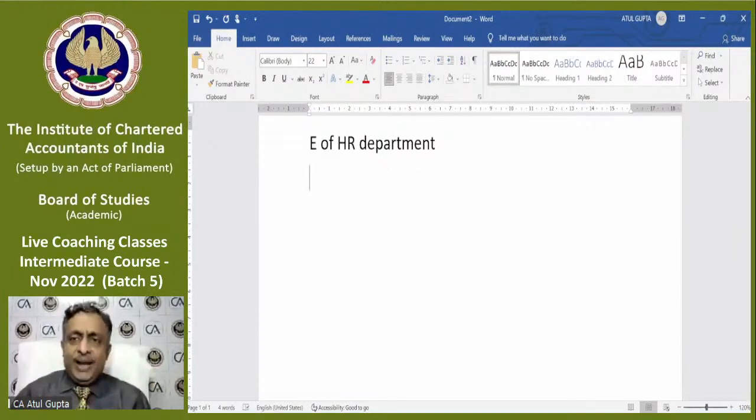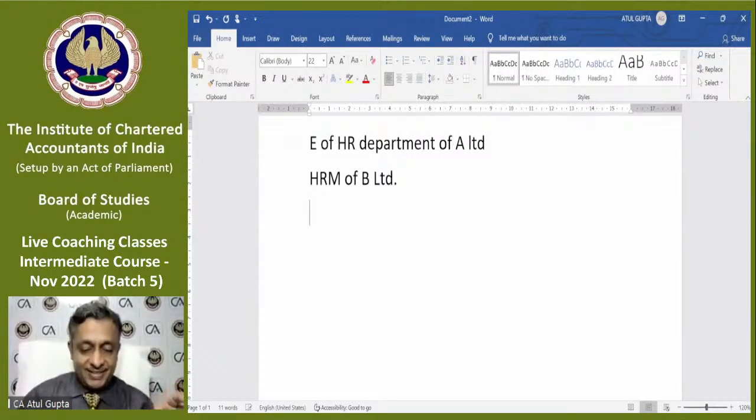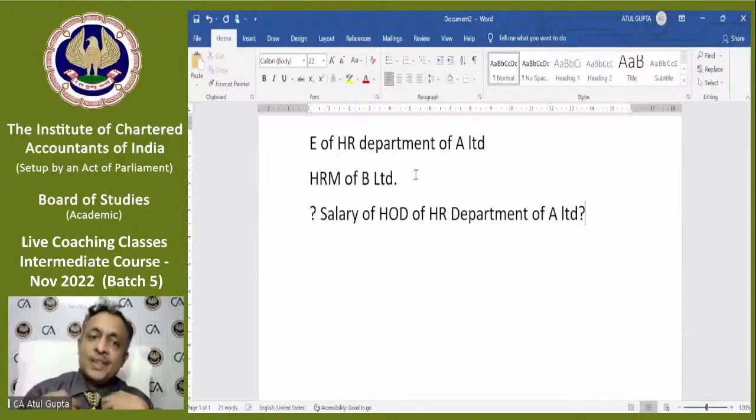Say I am working in a company, A Limited, in the HR department of A Limited. There is an HR manager of B Limited. He comes to me and asks me, an employee of A in the HR department, to give him details of the salary of the HOD of A Limited.